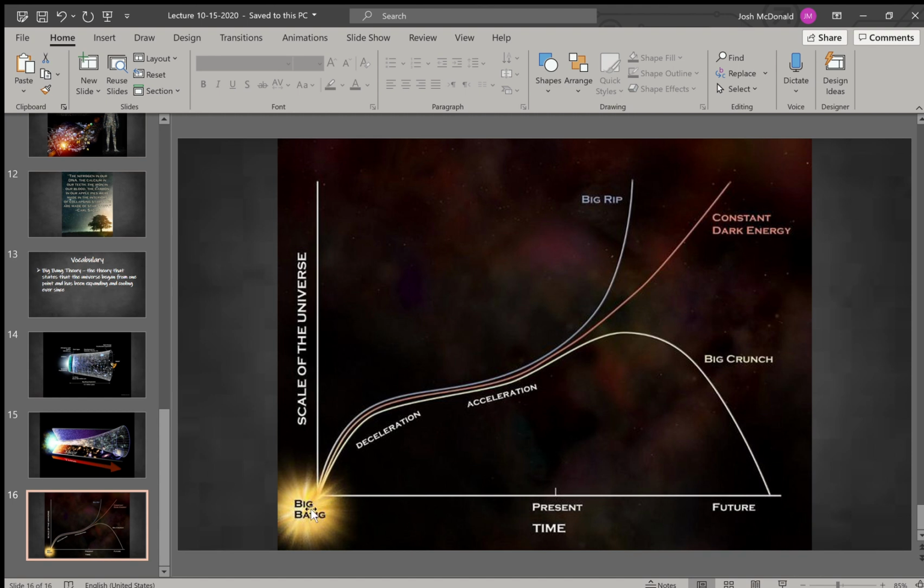Here from the Big Bang, you have everything getting really big really fast, but then that slows down and then it expands again, and it can end in something called the Big Rip, where everything just comes apart, or the Big Crunch, where everything just comes back together. How will it end? We don't really know, but this is the current thinking on the matter.